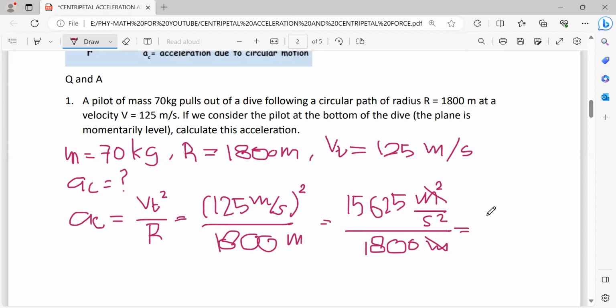If you divide it, it becomes 8.68 meters per second squared.